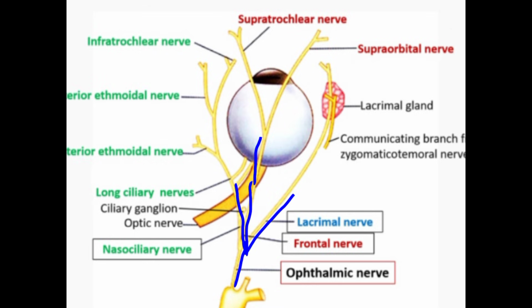Frontal branch further divides into supratrochlear and supraorbital. The nasociliary gives off long ciliary nerves, posterior ethmoidal nerve, anterior ethmoidal nerve, and infratrochlear nerve.